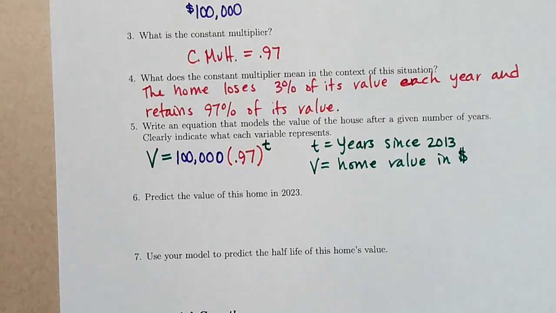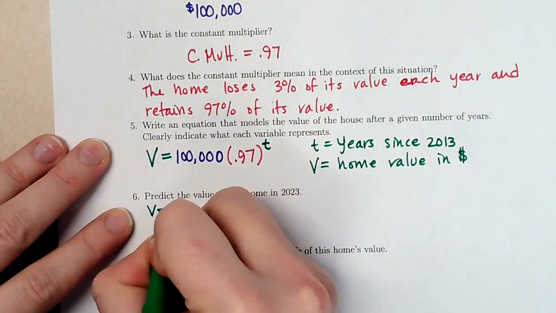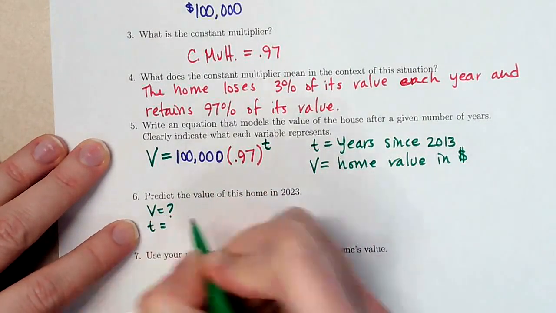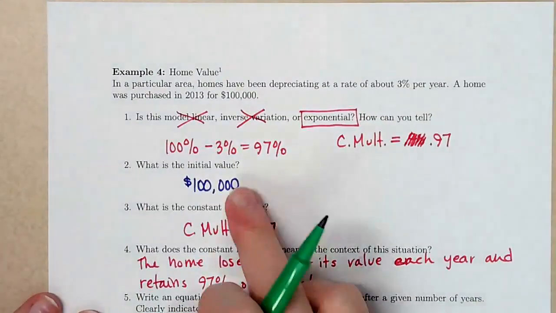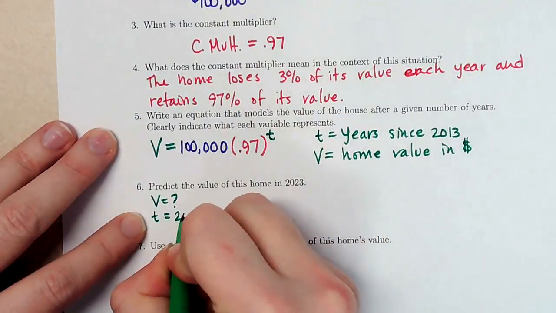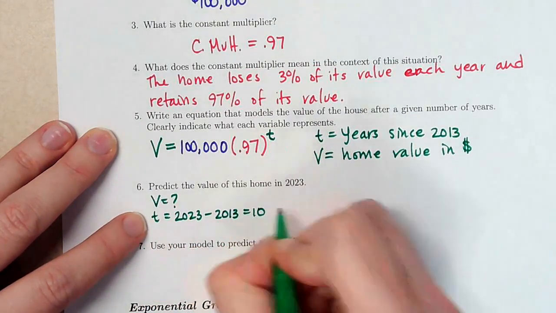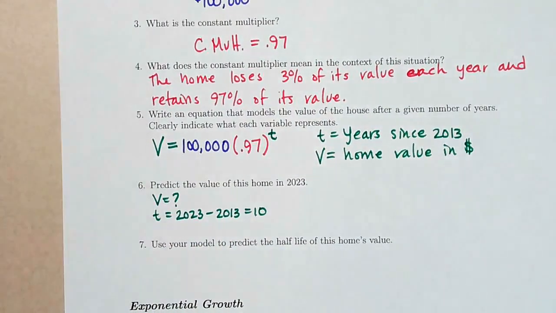Predict the value of this home in 2023. Okay, so that means value equals question mark, time equals how much time has passed. 2023, take away 2013, 10 years has passed. So T is 10. Right on. Here we go.